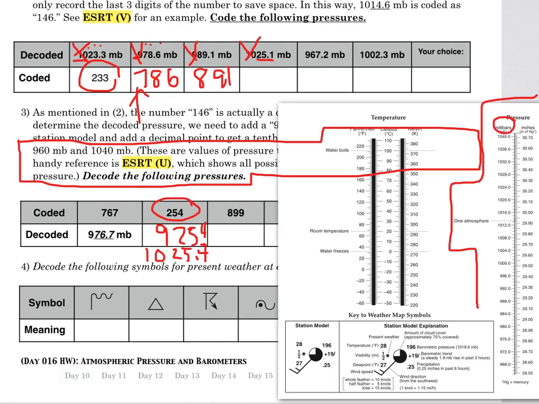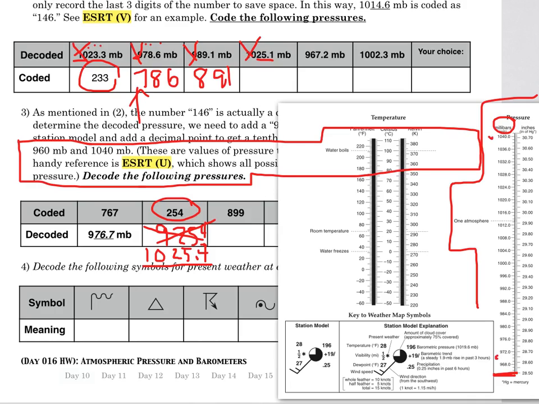If we look, the lowest number on here is 960. So 925 does not fit, and the code for 254 is actually 1025.4 millibars. Again, I know that because 1025 is between 1040 and 960.